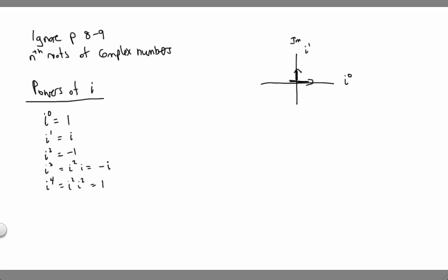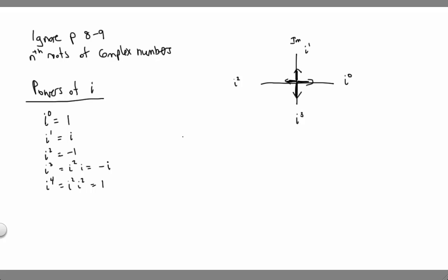Then i squared is our next power. So what we're doing here is we're calculating the different powers of i, and then we're graphing them as vectors. So i squared is -1. If we visualize that as a vector, that's going to the left along the real axis, and then i cubed we said is -i, so that's going down along the imaginary axis.